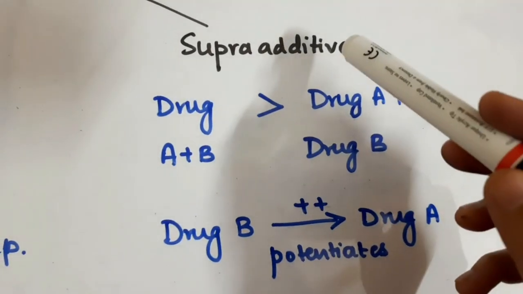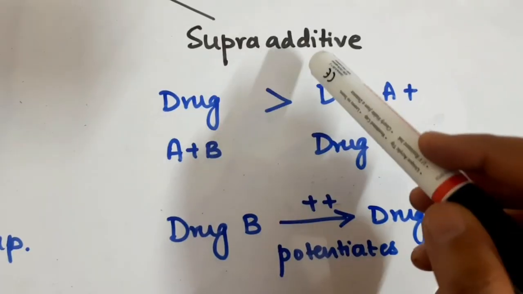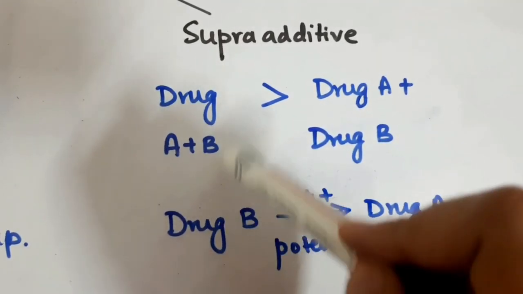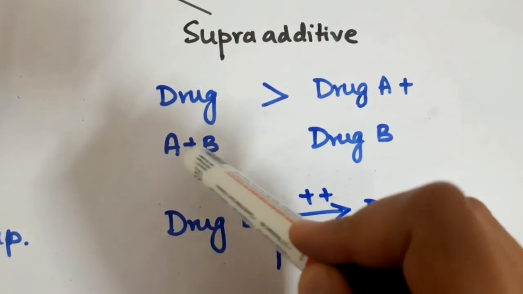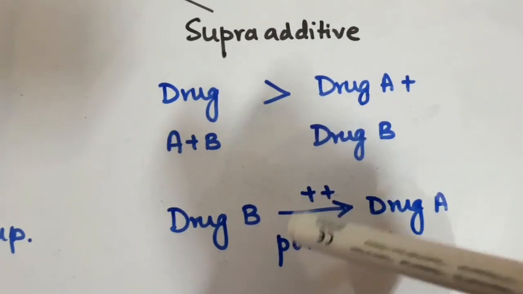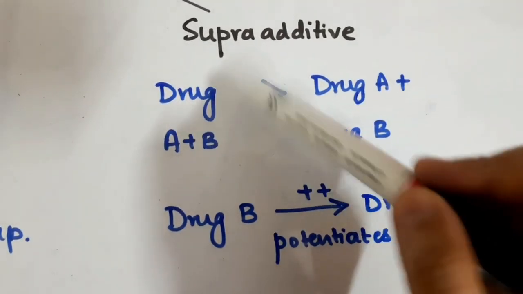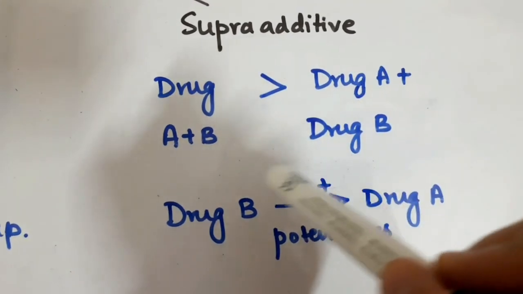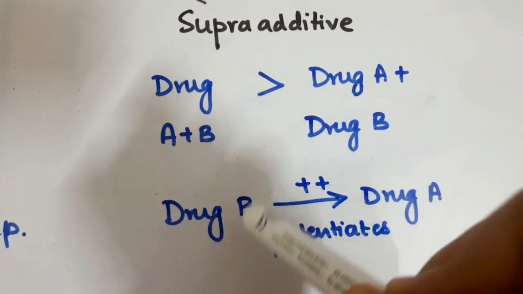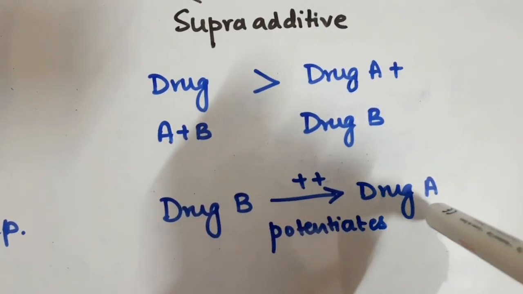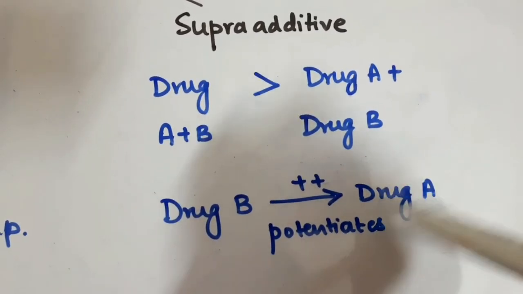Whereas in supra-additive, supra means that when drugs A and B are given together, their effect will be more than the effect of A and the effect of B individually. Why is that? Because one of these drugs will act in a way that potentiates or enhances the action of the first drug even more.